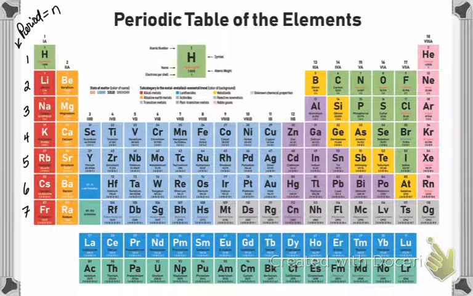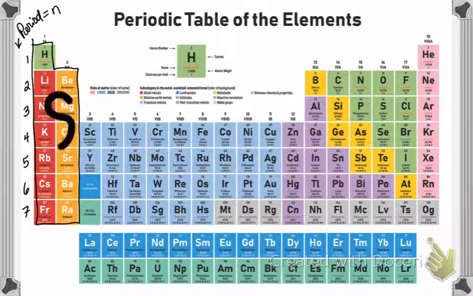The principal quantum number is right here. It's the period going down the left side of the table. The periodic table is also organized by the angular momentum quantum number. Groups 1 and 2, those are the s orbitals. Okay? Helium is also an s orbital.